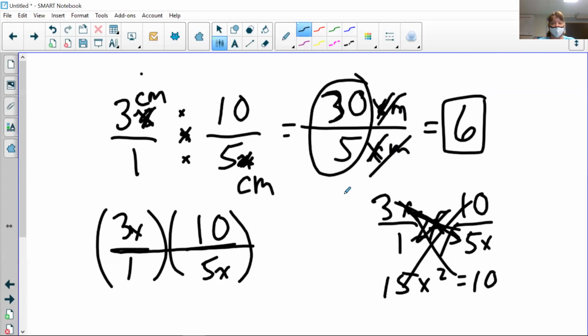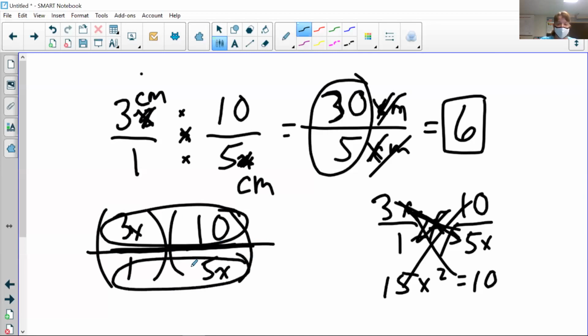They're going to go away, okay? So units or labels work just like variables, and they're going to cancel. So just recognize that when you're multiplying fractions, you multiply everything on the top and multiply everything on the bottom, and then you divide those two numbers. Okay. Now we're going to go to the videos.